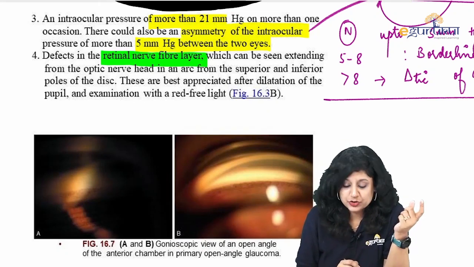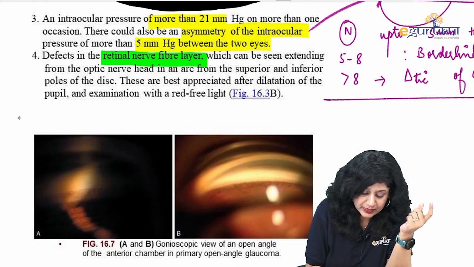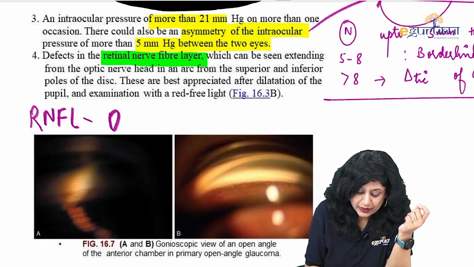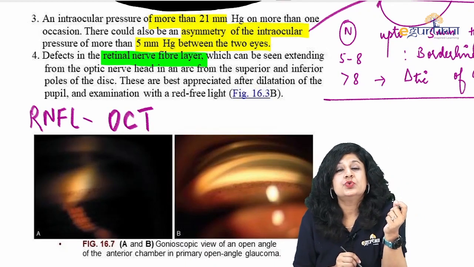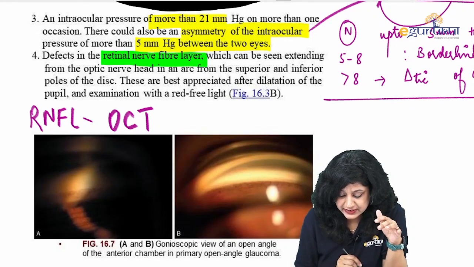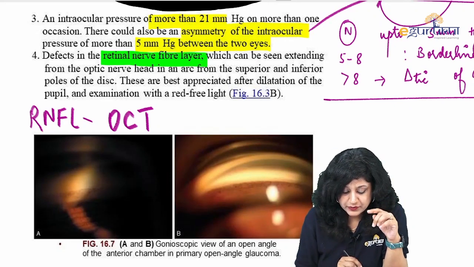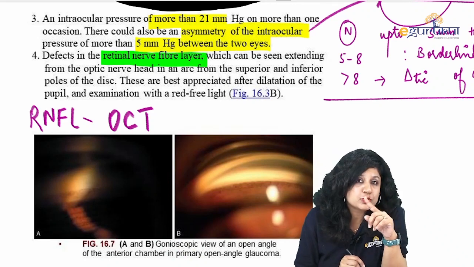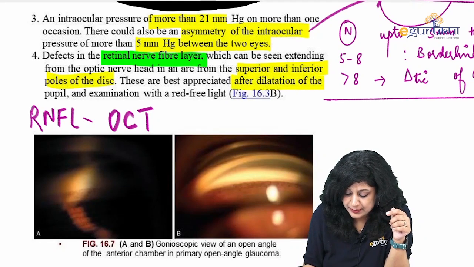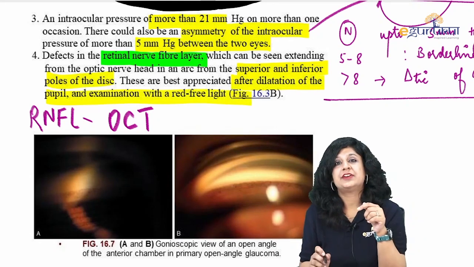You can see these changes very easily with the help of RNFL OCT, optical coherence tomography. We are doing it from the two poles, the superior and the inferior poles, and it is best done after dilatation of the pupil.